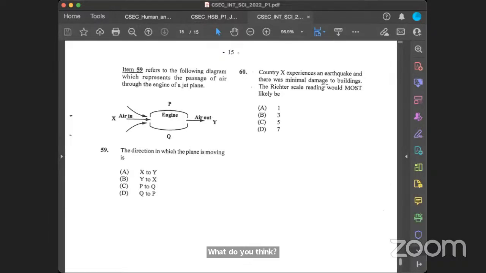Minimal damage? One. Are you sure about that? 1 and what together? 1, 3, 5, 7. 1 would be the building just barely shaking.